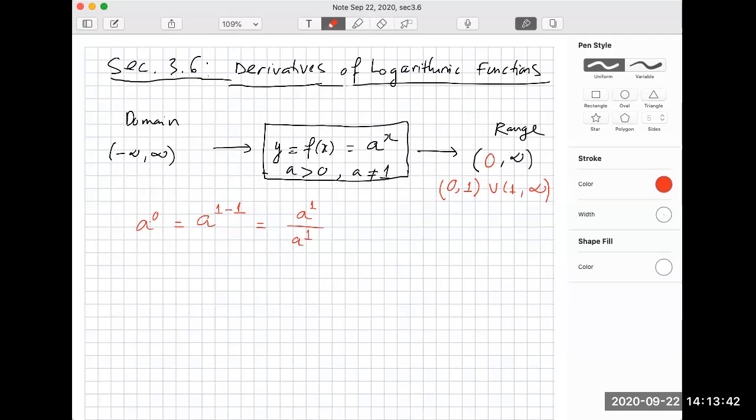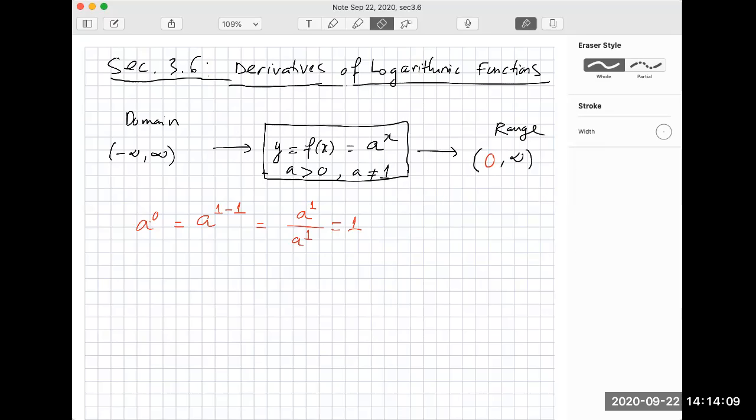You see? Numerator and denominator have the same value, therefore it should be 1. That is why any number raised to the 0 should be 1. Therefore, the range will be from 0 to 1 and then from 1 to infinity, or their union will be from 0 to infinity. So is it clear? Very good.